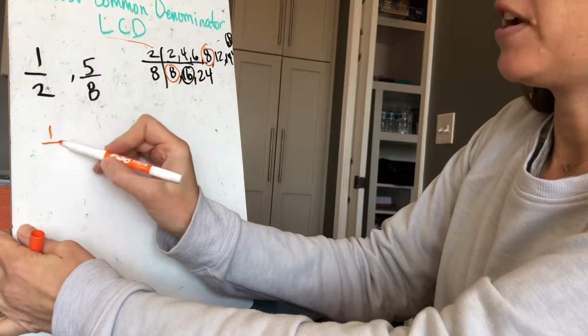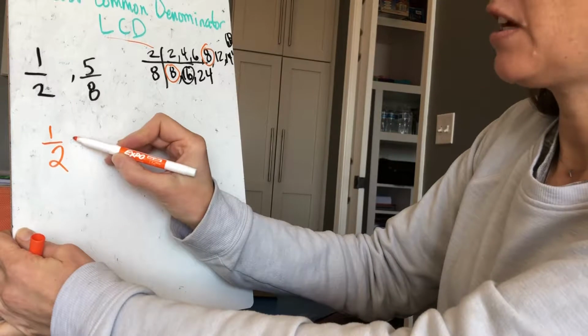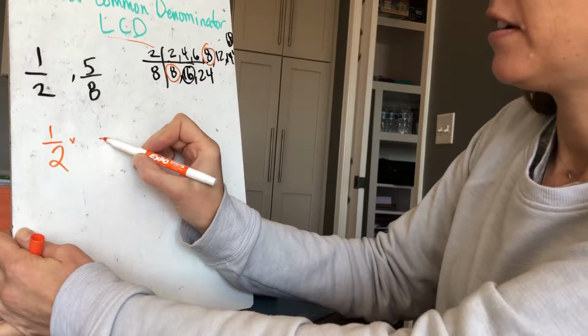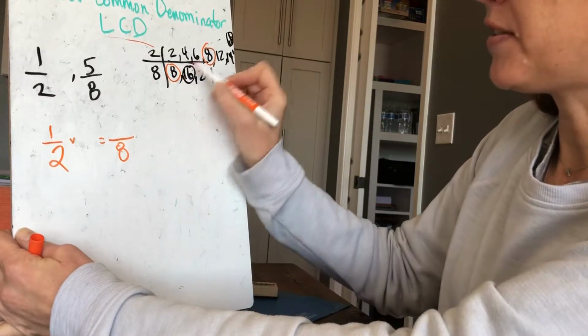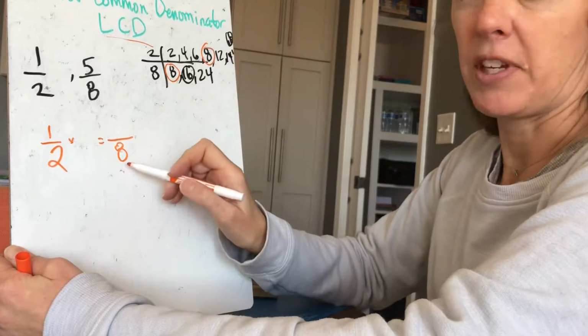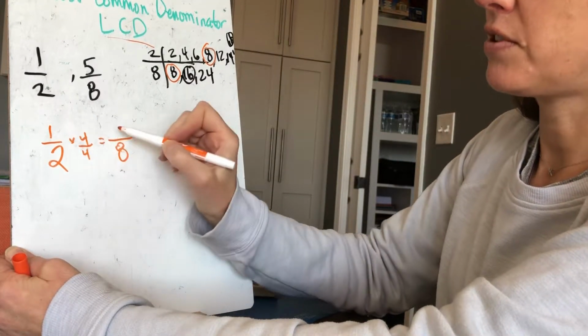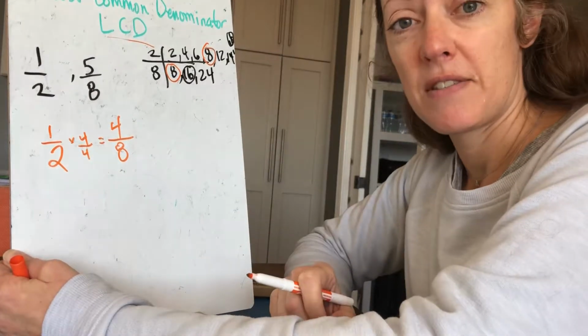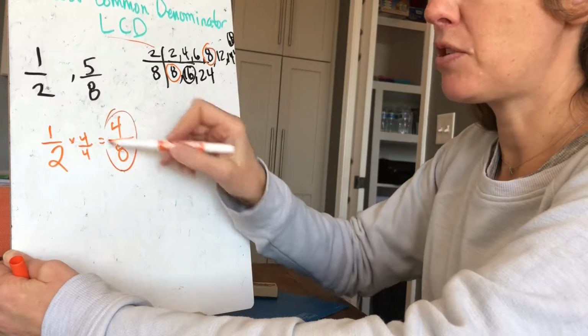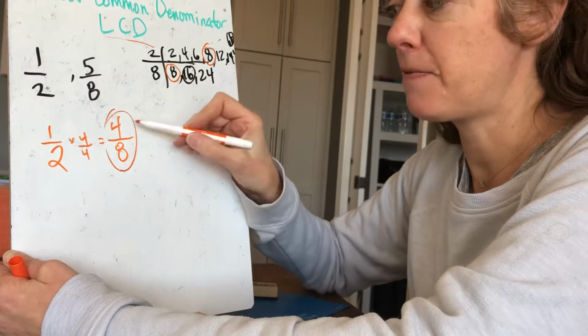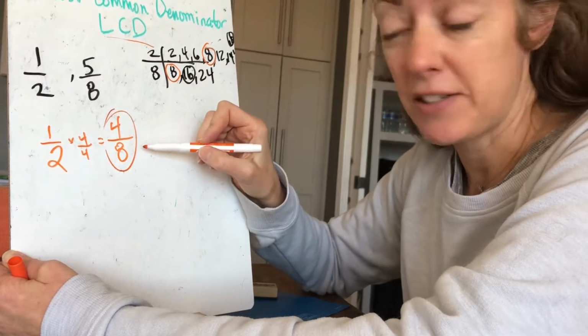So we have 1/2, and we're going to use the magic 1. We're going to use eighths. So think about, how do we go from here to here? 4/4. 4/8 is equal to 1/2. You also know 4/8 is equal to 1/2 because 4 is half of 8.